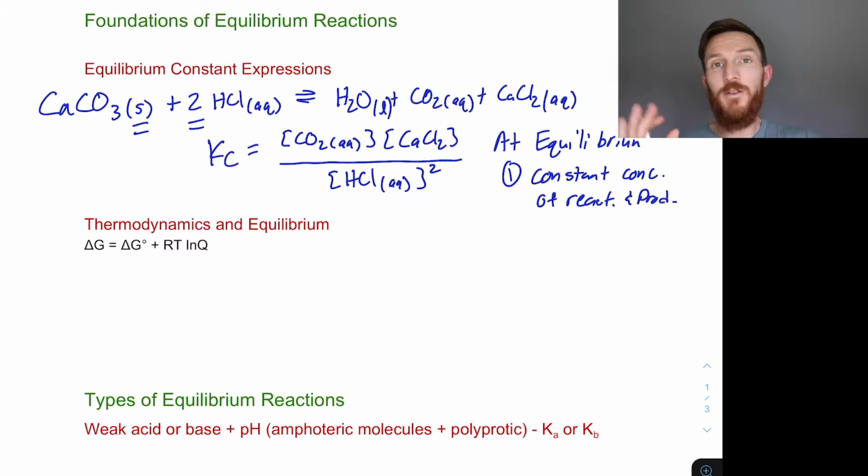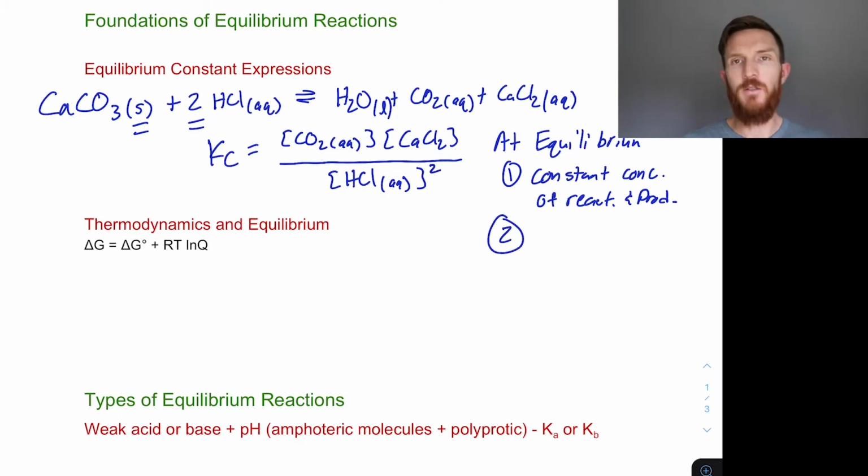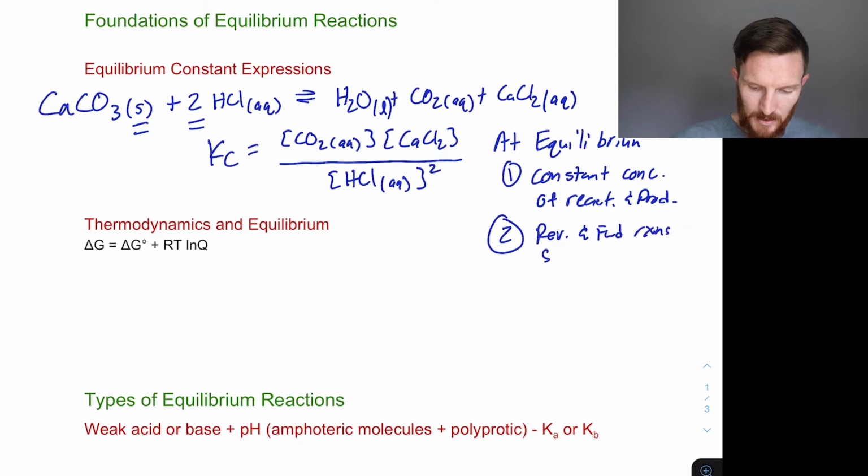Now again, this does not mean that they're equal, it just means that they are constant. They are not changing over time. But it also does not mean that our reactions stop. We still have reverse and forward reactions still occurring.